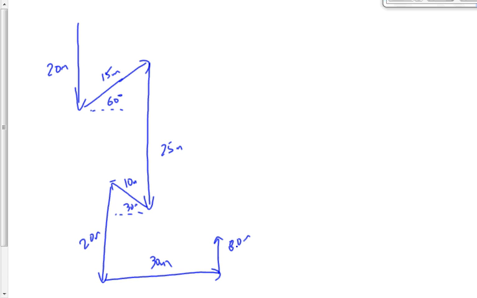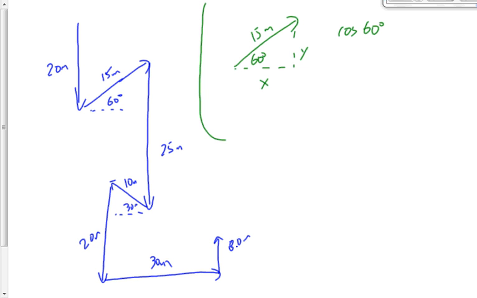The only good news here is that our angles are relatively easy ones to deal with, 60 degrees and 30 degrees. Let's go off to the side here. Let's draw our 60-degree angle. 15 meters, this is x, this is y. Cosine 60 degrees is equal to adjacent over hypotenuse.